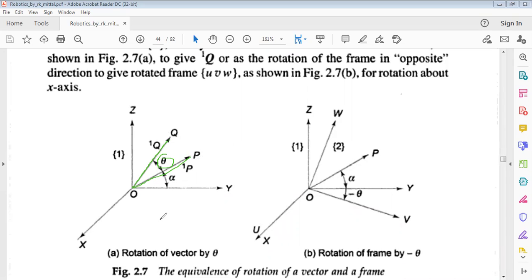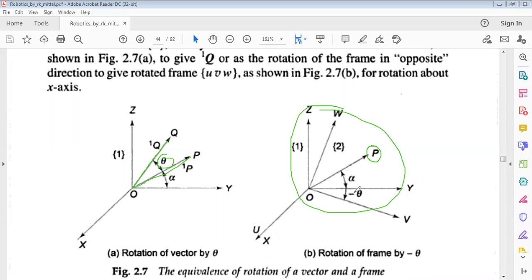There is a similar kind of motion of the vector. Instead of rotating the vector OP, we rotate the coordinate frame in the reverse direction of the vector rotation.